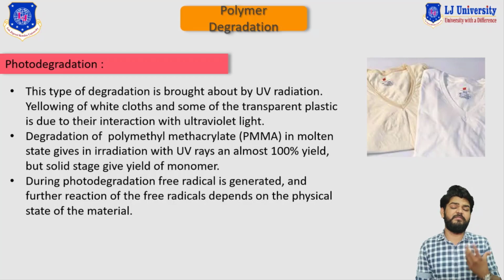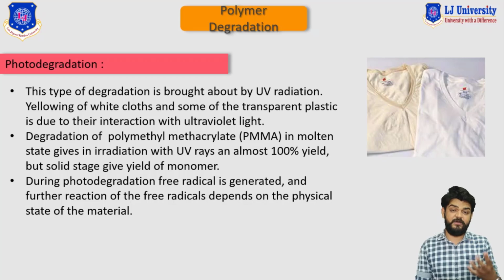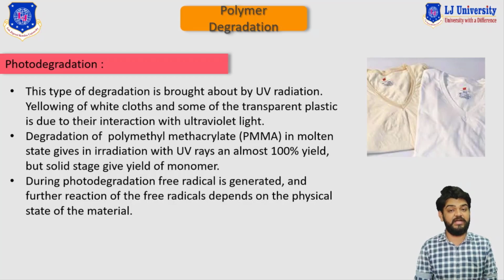That is also a polymer material, and it is transparent in nature. But after a long amount of usage, this transparent mobile phone case becomes yellowish. That is nothing but the effect of UV rays on the polymer, and this is termed the photo degradation of the polymer. And this photo degradation we are going to see here in much more detail.